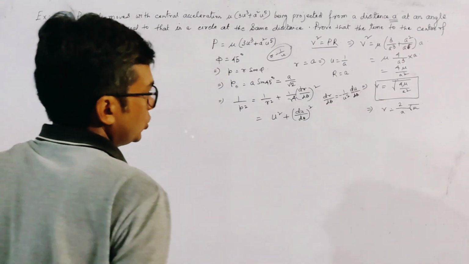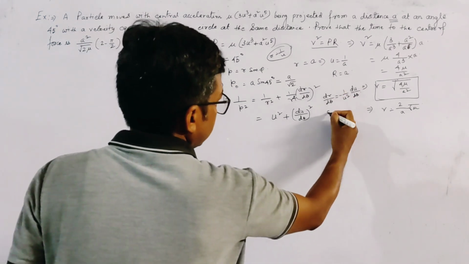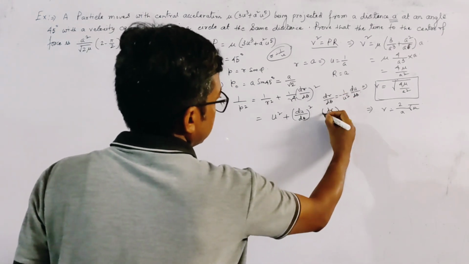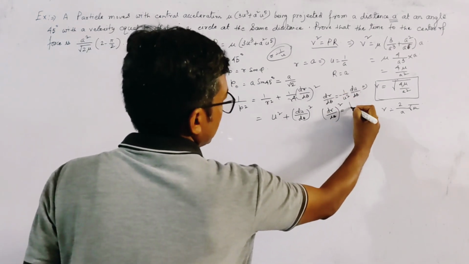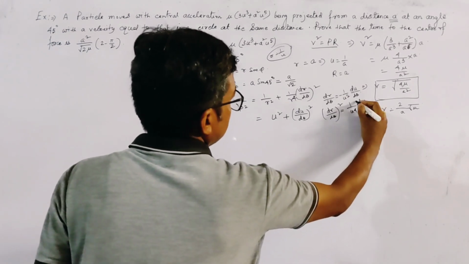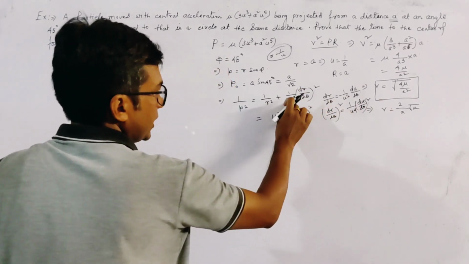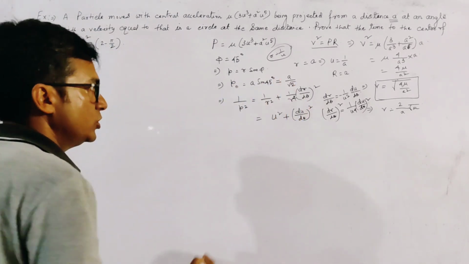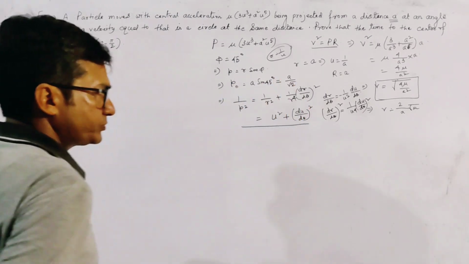So we get (dr d theta) whole square equal to 1 by u to the power 4 (du d theta) whole square, and we put 1 by r to the power 4 as u to the power 4. So we get this result.